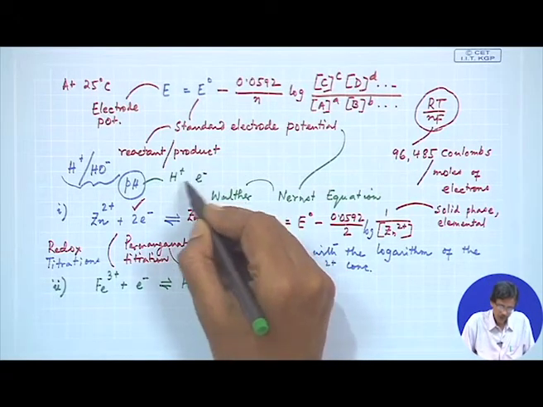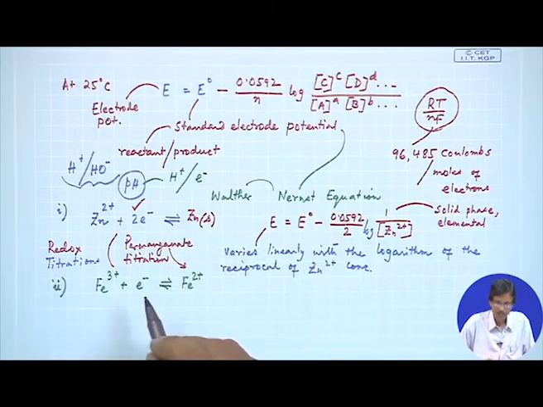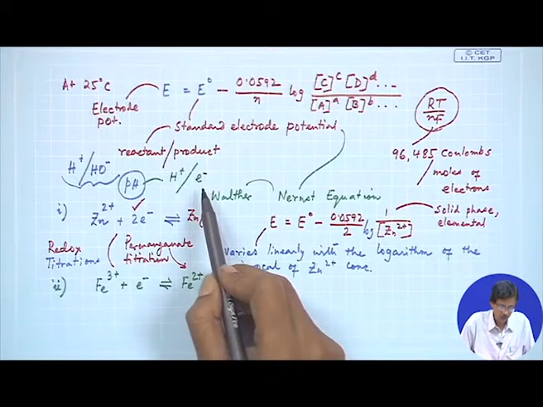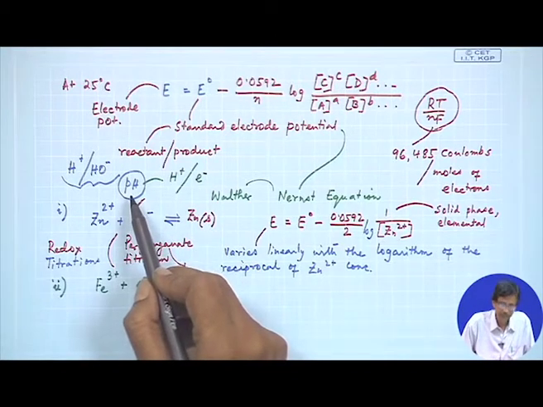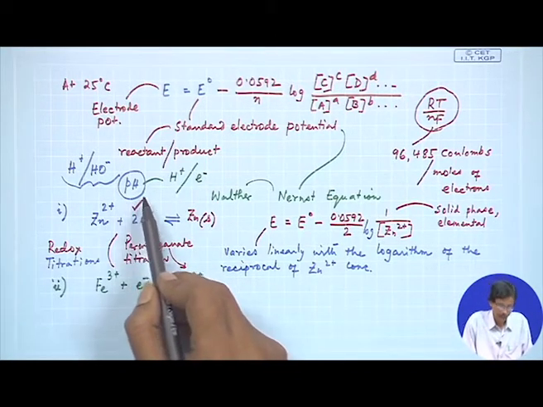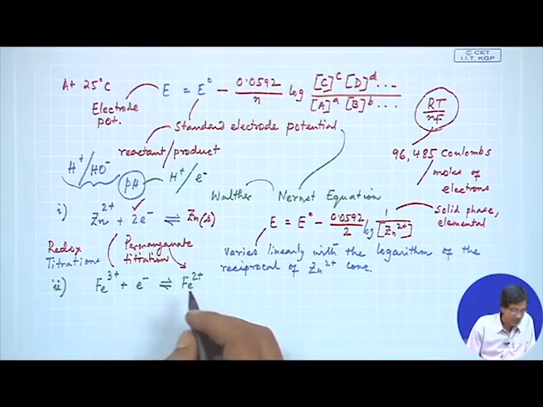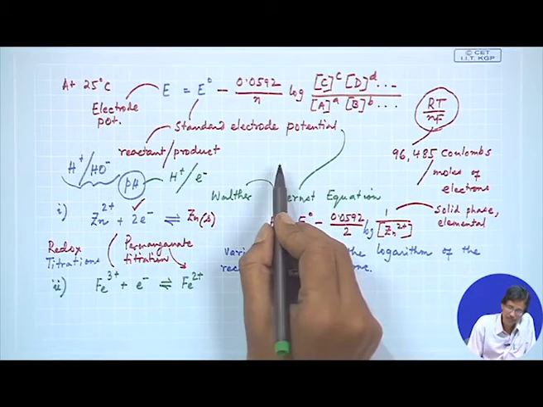Similarly, this can also be directly coupled to electron transfer. How the electrochemical method can be useful for pH metric or neutralization titrations, we will see also. But right now we see the reduction and the application of this Nernst equation.